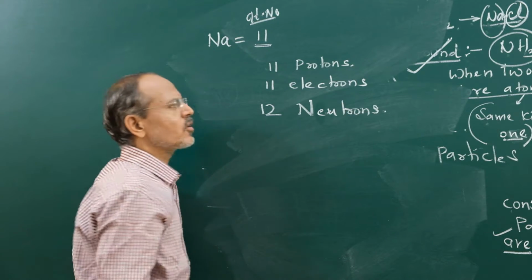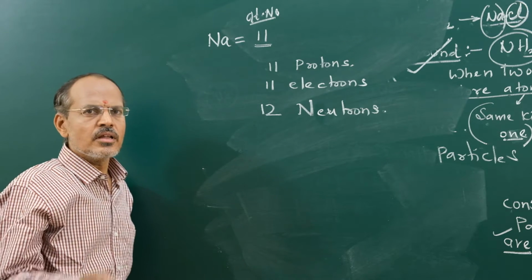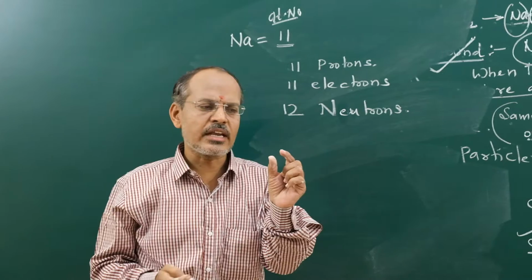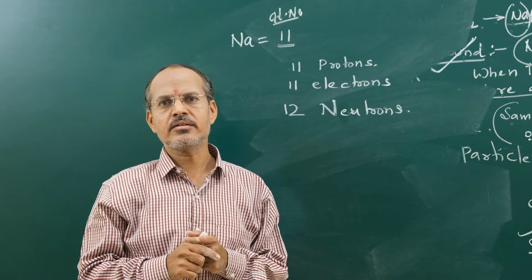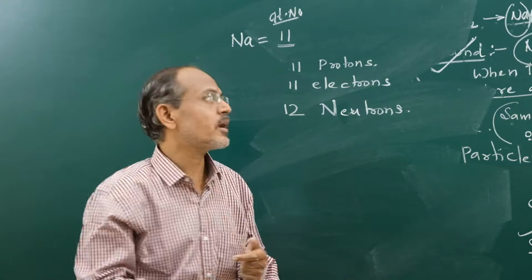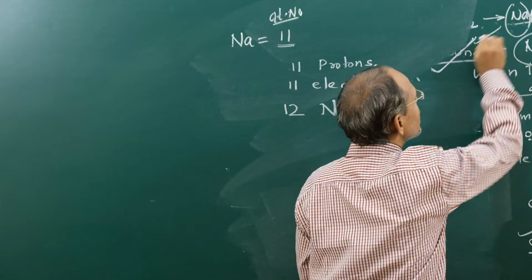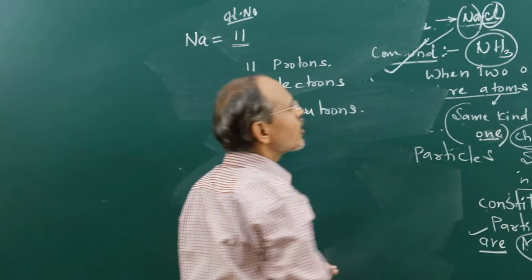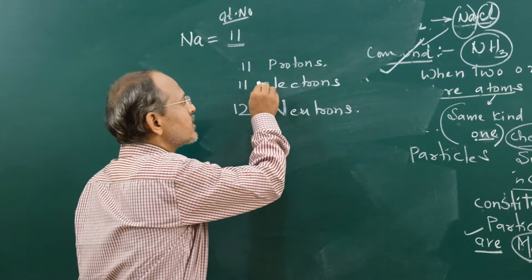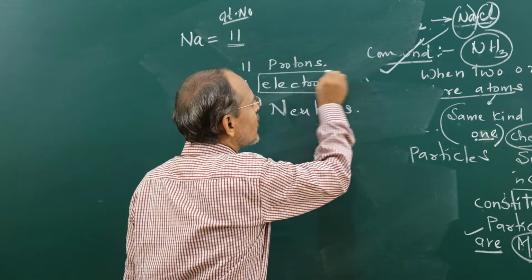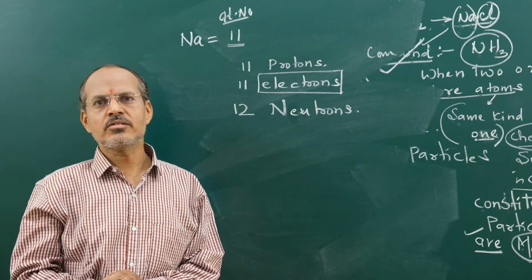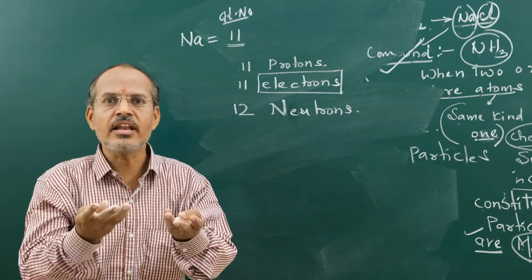Whenever two atoms are going to combine to form a compound, then they either lose electrons, gain electrons, or share electrons.